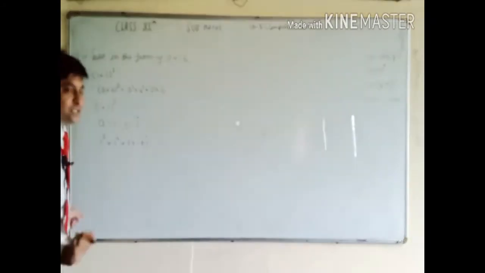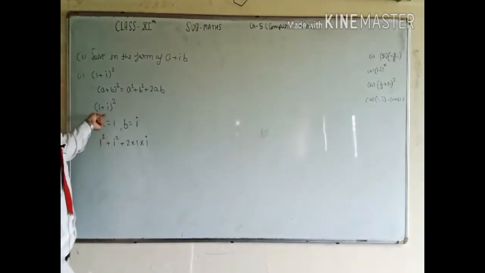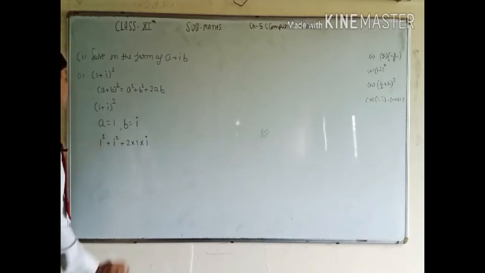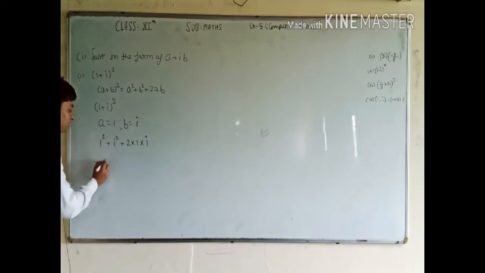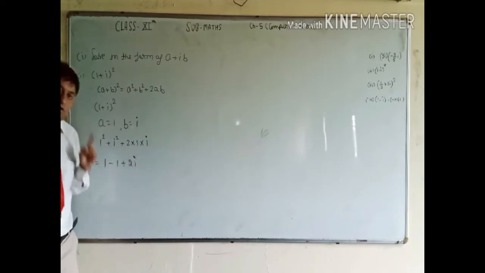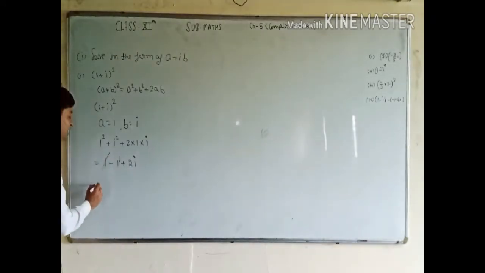Now 1 square is equal to 1, iota square is equal to minus 1, and this is 2 iota, and we know that 1 is cancelled out by 1, so we find the answer is 2 iota for 1 plus iota whole square.